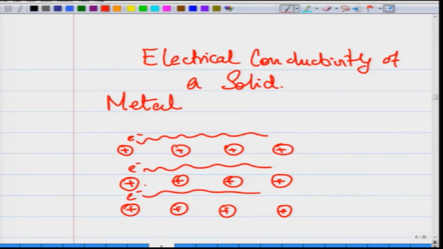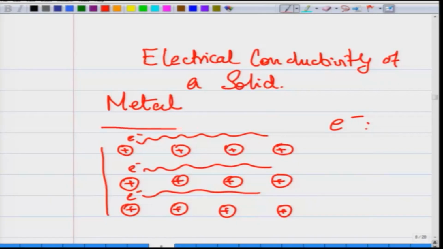And this was sort of known, and it was known that inside the metal the charge carrying particles are electrons. The metals have weakly bound electrons; the metal atoms have weakly bound electrons. These electrons are delocalized, they are not bound to the atom as such, but they spread out across the solid and wander around the solid.